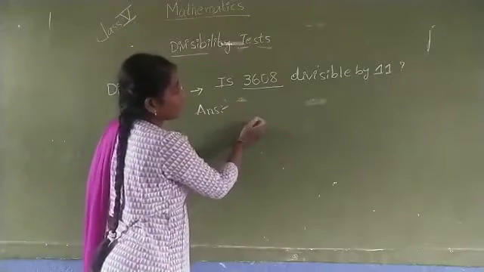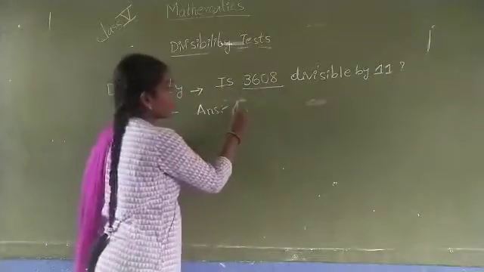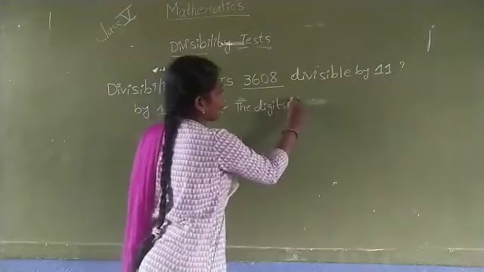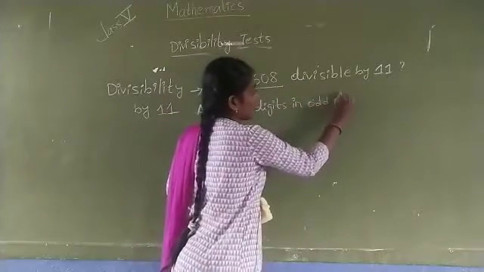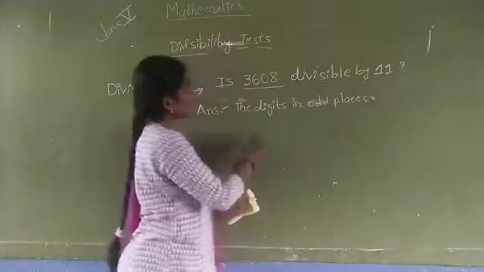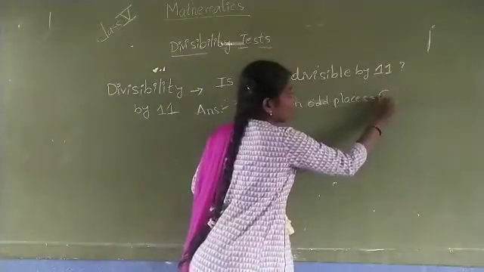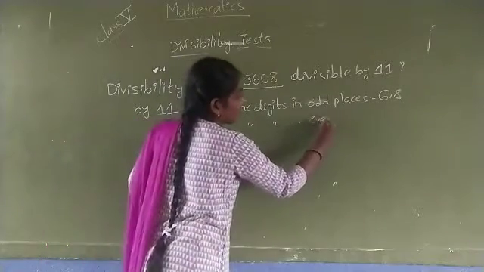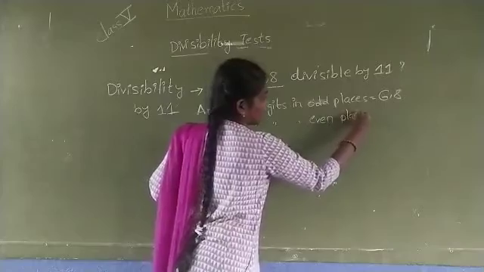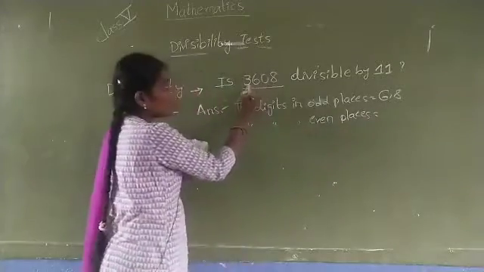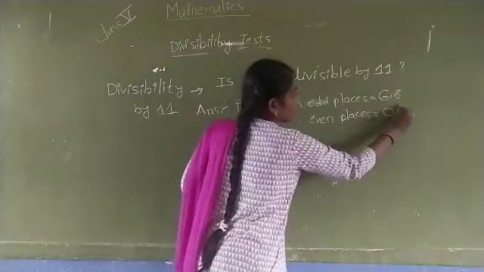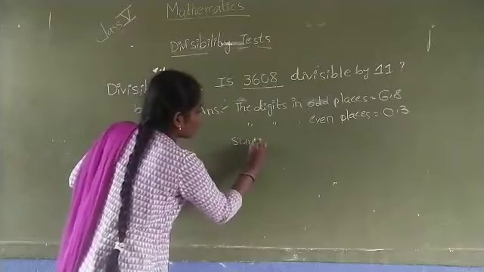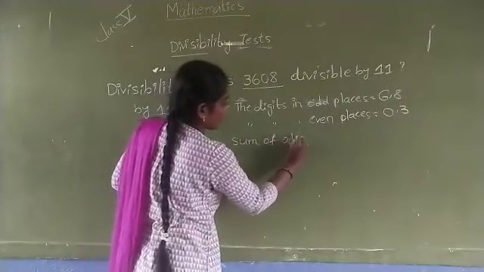In the odd places we have the digits 6 and 8. The digits in even places are 0 and 3.